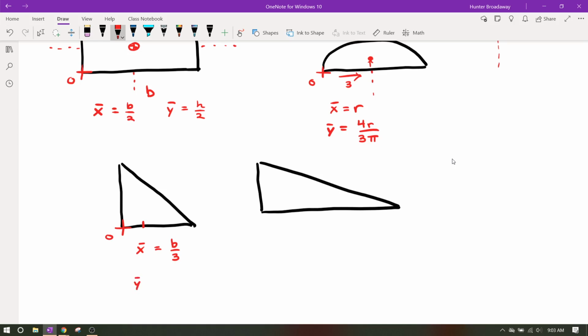And the y bar is going to be at the height divided by 3, so it's going to be h divided by 3. It would be somewhere about right here. So if you're looking for the centroid of a right triangle, it's going to be about in that location. In the case of this one, the one on the right that's got the really long leg, I can go about a third of the base and about a third of the height, and your centroid is going to be located at this location if you've got your origin point over here.